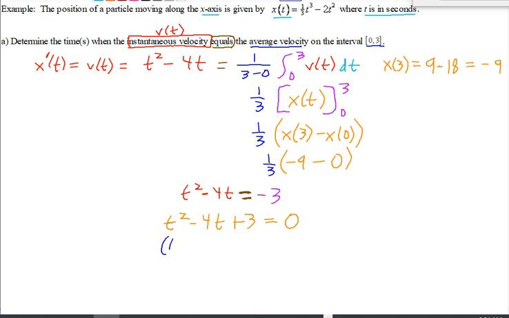It does factor, so that would be t minus 1 and t minus 3 equals 0. So here there's 2 times. t equals 1 and t equals 3. And the units for time they tell you are seconds. So at 1 second and at 3 seconds, there's 2 different instants of time where the instantaneous velocity is negative 3, which is the same as our average velocity.